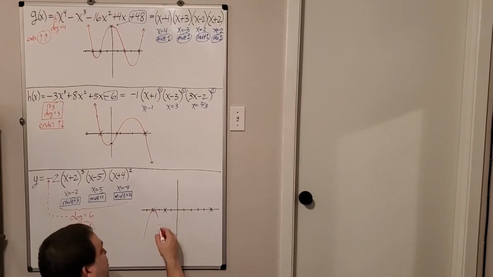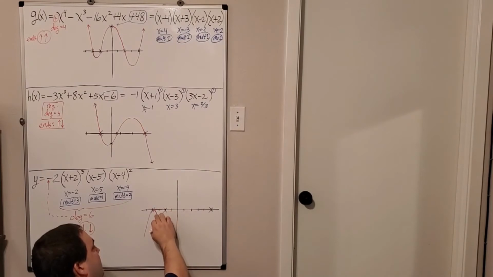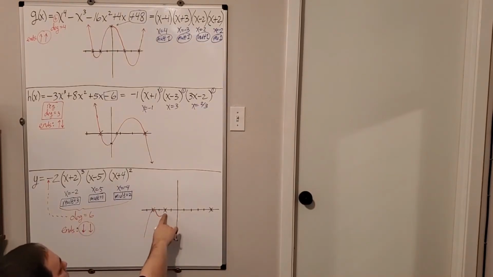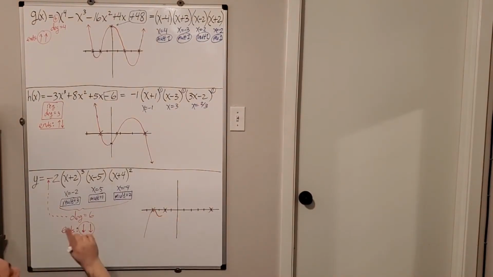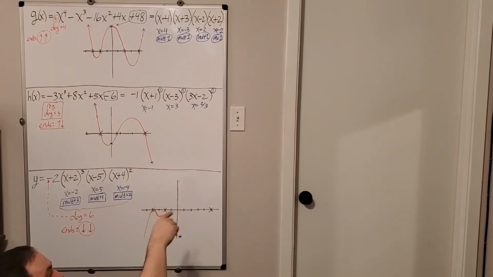I still have to turn again, though, because I need to approach my next point. So it's going to turn again right here and approach the -2 intercept. Now, careful. The -2 intercept had a multiplicity of 3. Now remember, x to the 3 had that swirly shape, right?